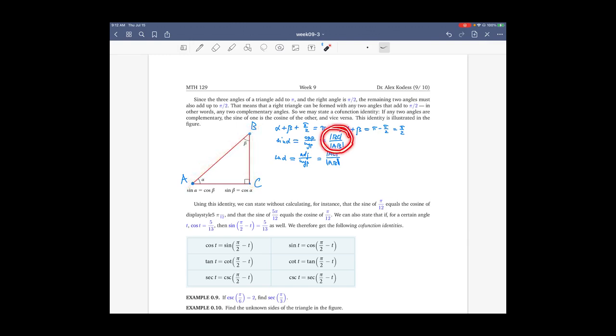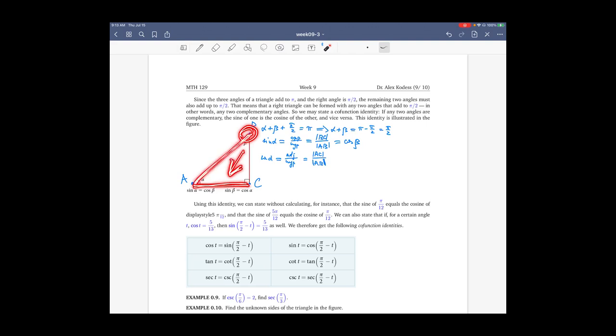So that same ratio is actually cosine beta. And the same with the other ratio. What is AC over AB from the point of view of beta? AC is the opposite leg. AB is the hypotenuse. So for beta, AC over AB is the opposite leg over the hypotenuse, which is by definition sine beta.